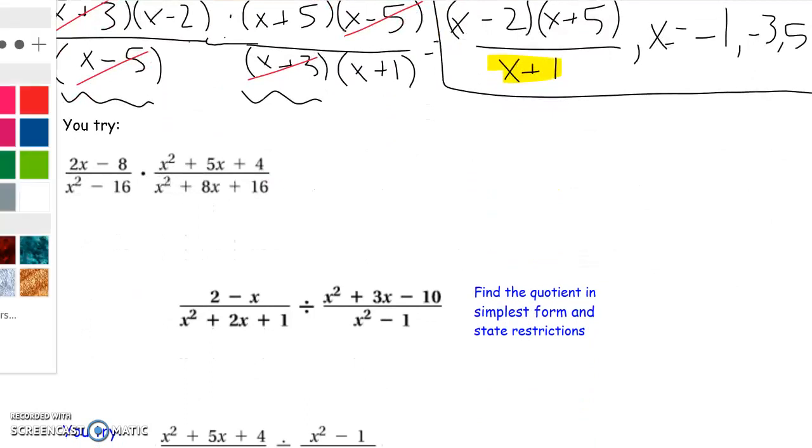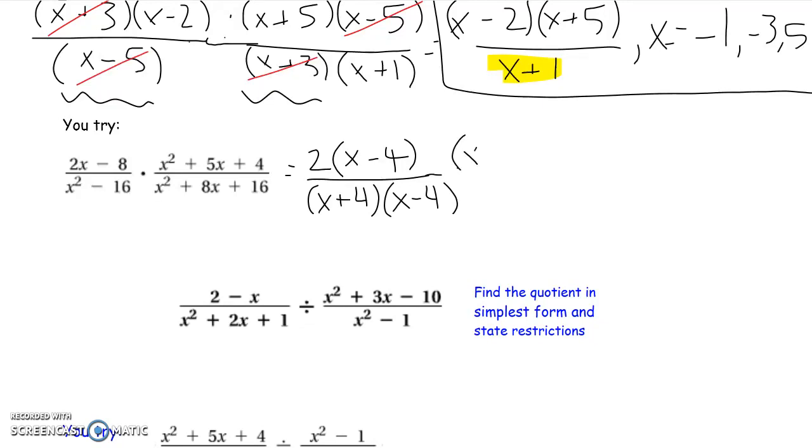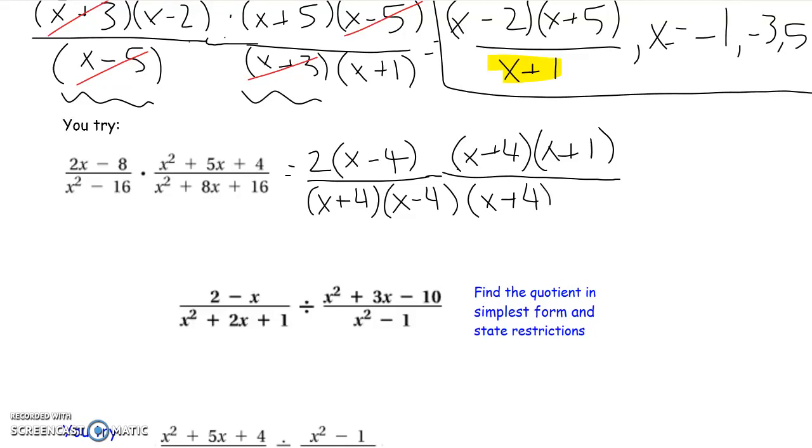Our first step is to factor every polynomial we see. We can factor out a 2 from 2x minus 8 to get 2 times x minus 4. In the denominator, we have x plus 4 and x minus 4. Multiplying straight across, we have x plus 4 times x plus 1, divided by x plus 4 times x plus 4.